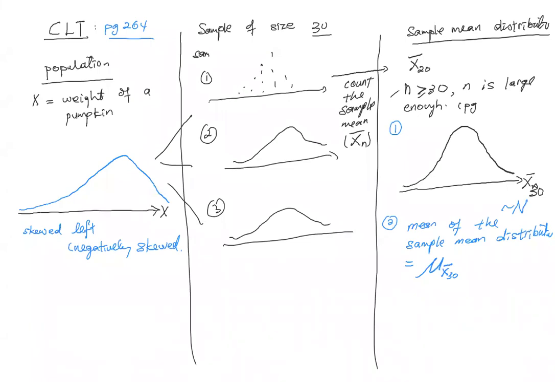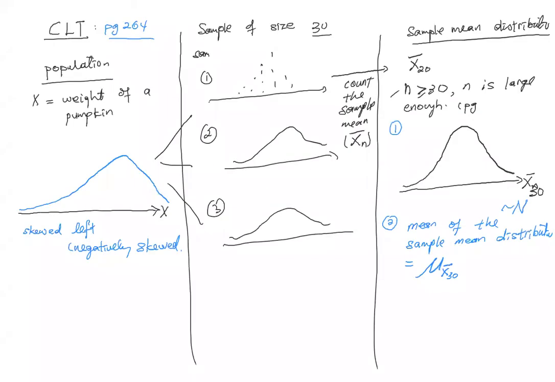How I read: the mean of the sample mean distribution is equal to the population mean. The population mean is for my variable x, and I have a value for it. Okay. Third.